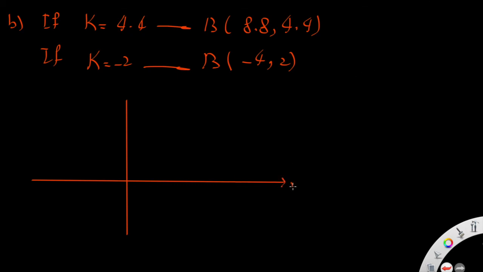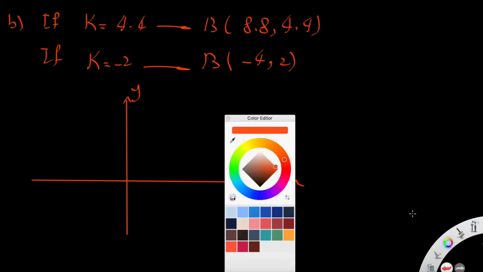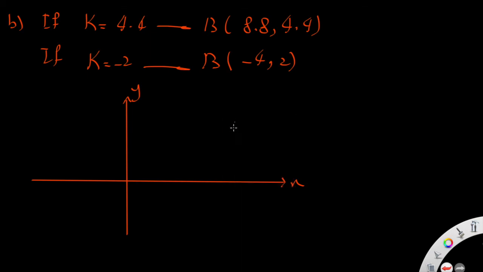Here X, Y, for example here A, which was 11 and 3. Then B will be somewhere here, which is -4, -2.